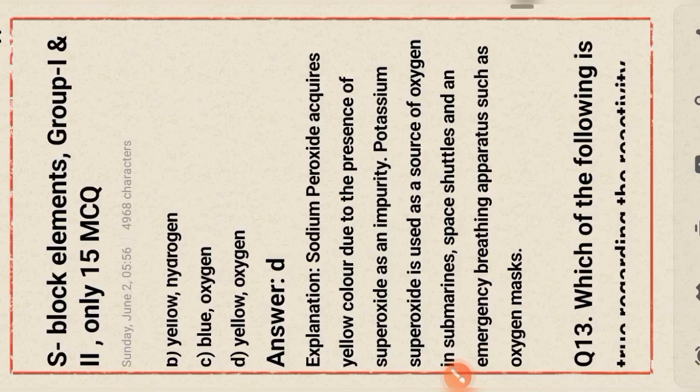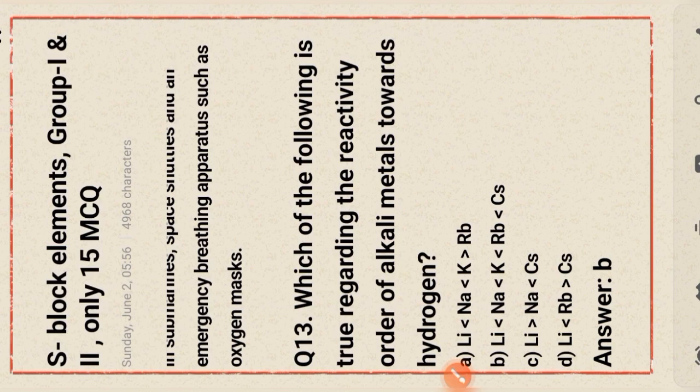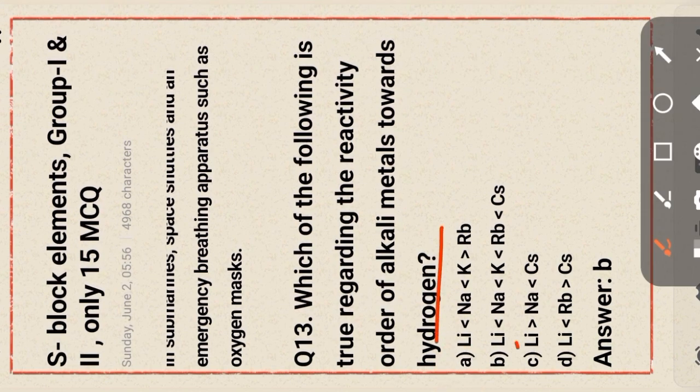Okay. Next question, which of the following is true regarding the reactivity order of alkali metals towards hydrogen? The reactivity series for the alkali metals of group 1 is lithium less than sodium less than potassium less than rubidium less than cesium.